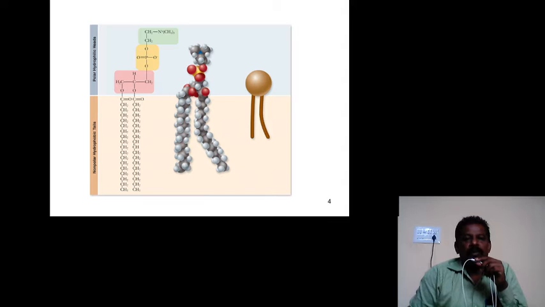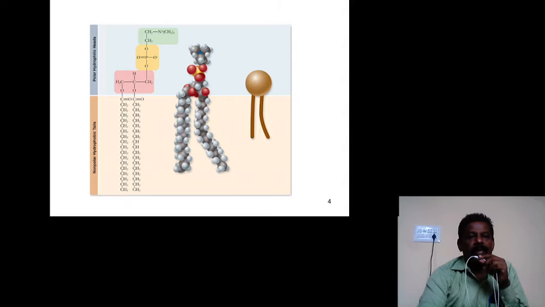If you see the structure of a lipid, it has a glycerol molecule which has 3 carbons. To the first and second carbon there are fatty acids attached, whereas to the third carbon a phosphate moiety is attached.